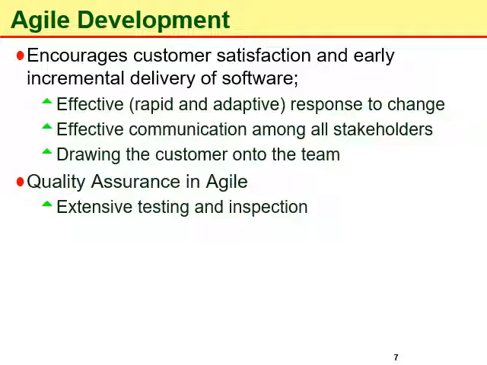Similarly, an important distinction here with the conventional process models is that agile development does not emphasize extensively producing documentation or intermediate work products. Of course, some documentation is there, but it is not that extensive.